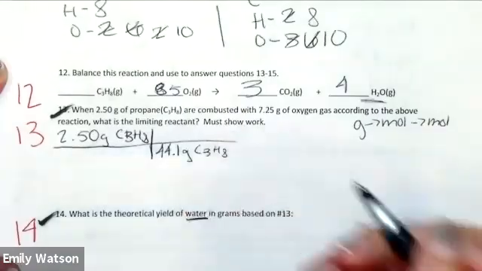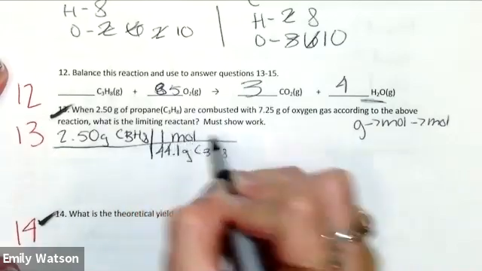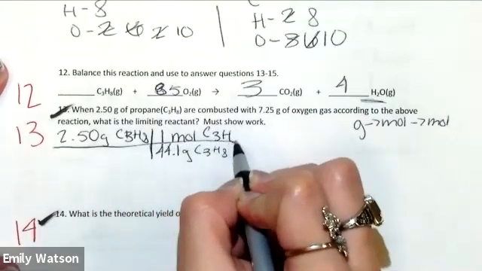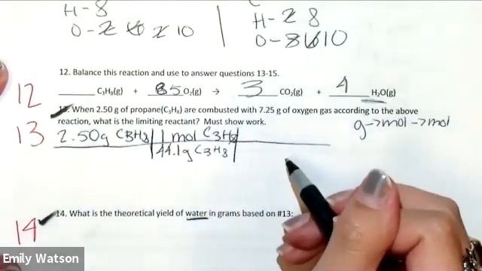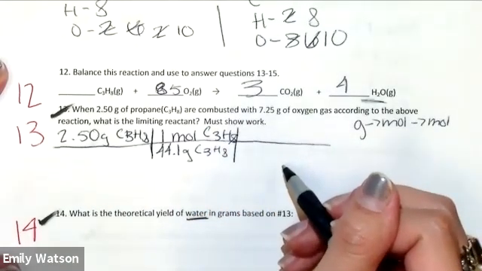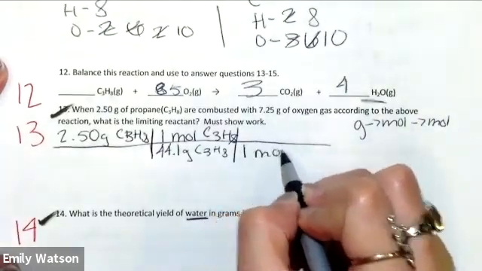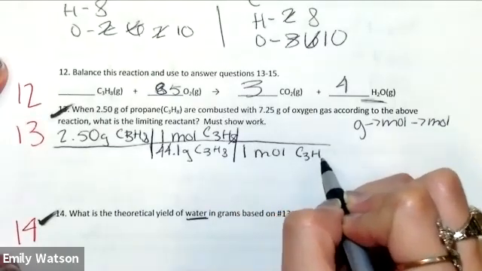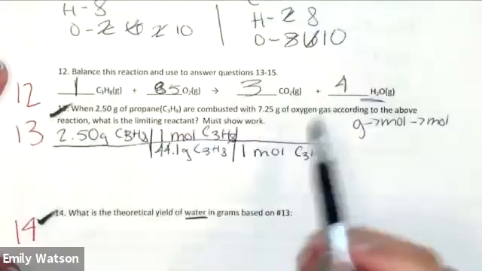And what's going to go on top here? 1 mole of what? C3H8. We're not done yet. What's going to go down here? 1 mole. Where does the 1 come from? From our coefficients. There's an understood 1 right here.